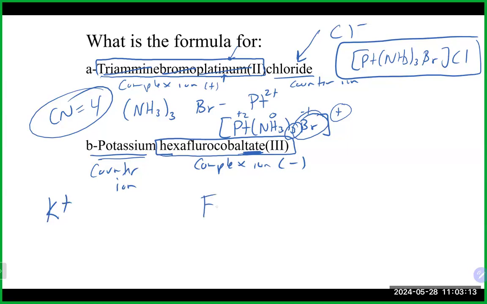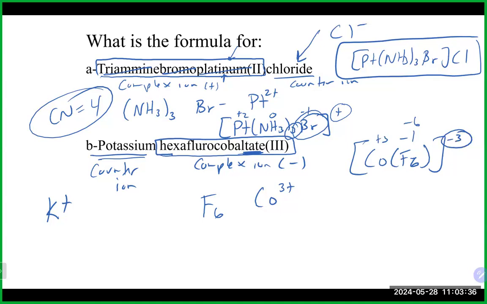Hexafluoro is 6 fluorines. Cobaltate is cobalt with a +3 charge. So starting with our complex ion part, we have a cobalt and 6 of those guys. That's going to give us here a -6 and a +3. Give us a -3 overall charge for our complex ion.